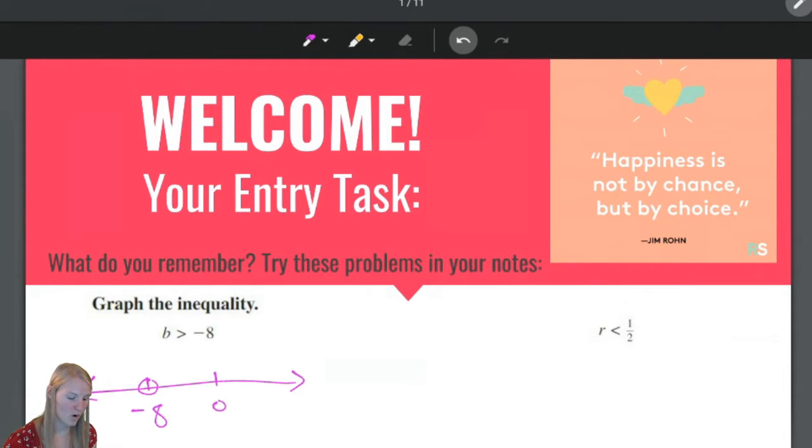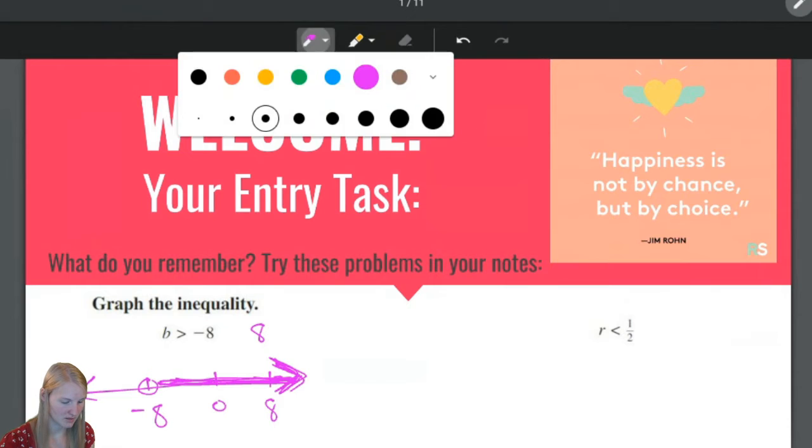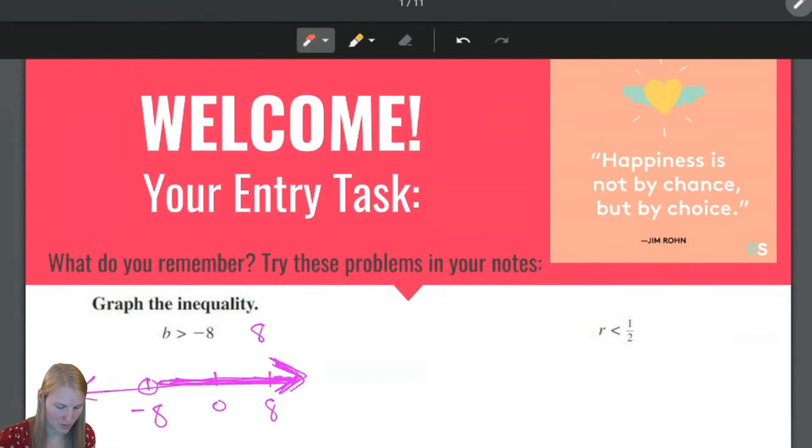So we want our arrow to point towards 8, and 8 is over here. So that arrow is going to point this way, and we're going to make it nice and big and bold so there's no question about which way that arrow is pointing.